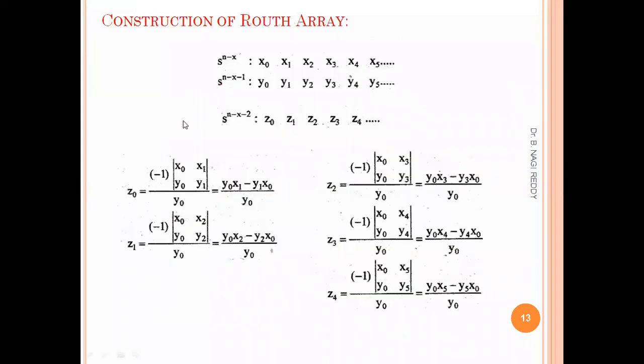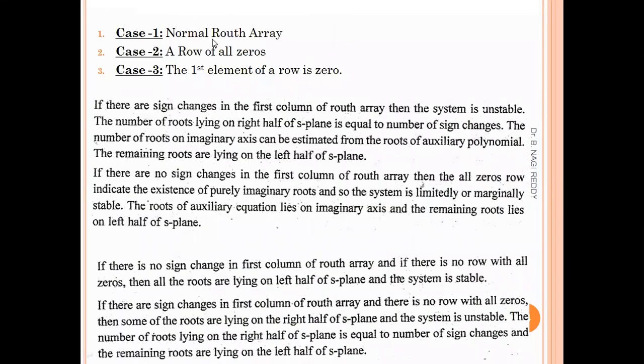Based on case 3, the stability and the comment on the roots can be classified based on this theory. However, this theory also I'll explain while dealing with the problems.